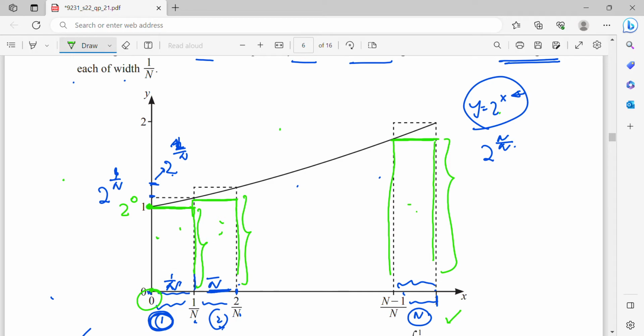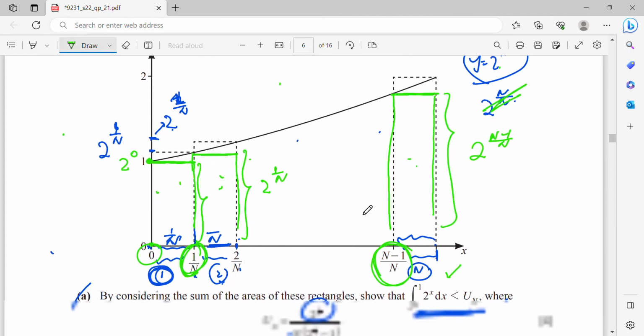The first one is 2 power 0, and then the second height is going to be 2 power 1 over n because we are referring to the first ordinate. Same for the last rectangle, the nth rectangle, it will be 2 power n minus 1 over n. So just redo the steps in A to get the Ln by changing the heights.